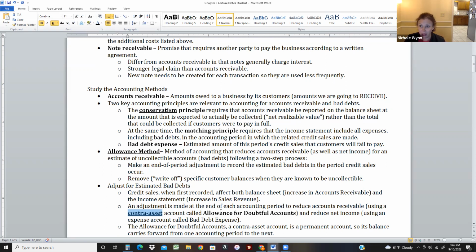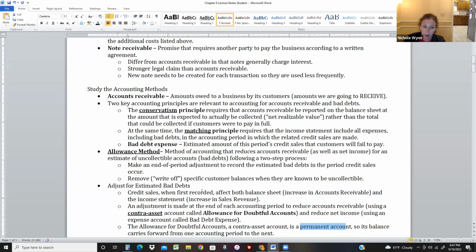So I have accounts receivable of 100, but I think that 5 of it's not going to be collected. So my actual accounts receivable is 100 minus 5, or 95. Allowance does not get closed in your closing entries when you close the red ones because it's a permanent account. Every period you just carry it forward to the next year.